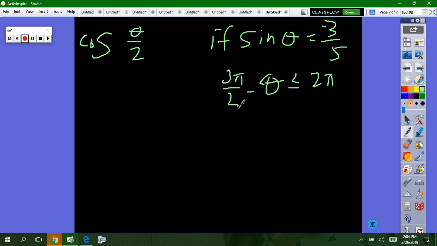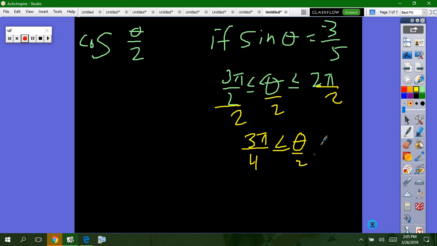Okay, ladies and gentlemen, what quadrant is theta over 2 in? Theta is in quadrant 4, would you guys agree? But what's theta over 2 in? If we're not sure, that's when we divide everything by 2. So notice theta over 2 is between 3 pi fourths and pi.